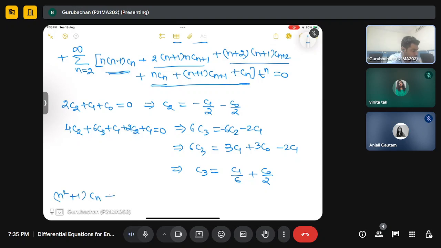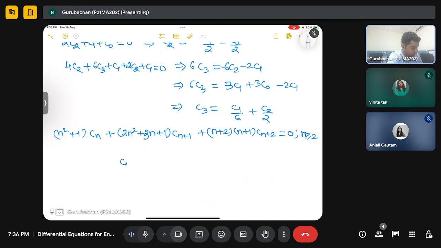Next one is 2 times (n square plus n) Cn plus 1, and another expression, n plus 1, is again added into this. So this will be 2 times (n square plus 2n), and there is one more term of Cn plus 1, that is n plus 1. Next one is (n plus 2)(n plus 1) Cn plus 2 equal to 0. And this expression is valid for n greater than or equal to 2.